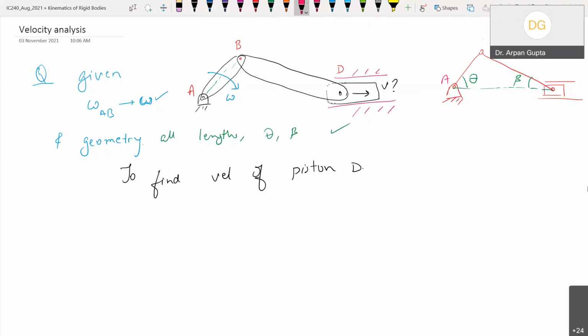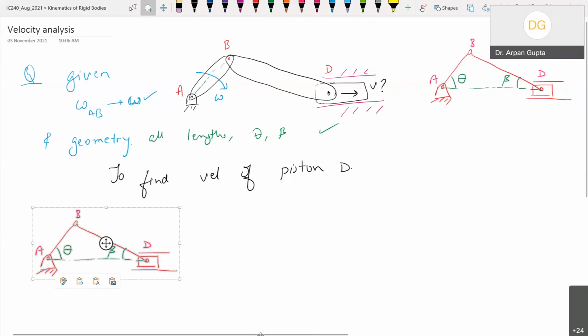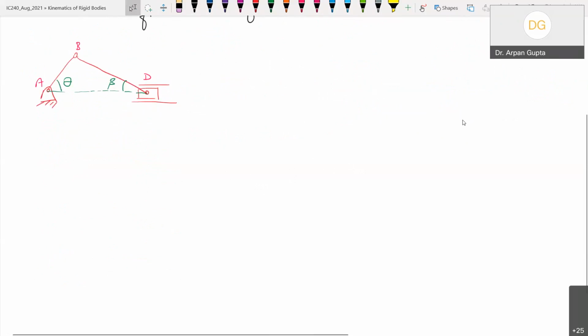Let's take this diagram A, B, and D, and let me copy it. Okay. So the first thing we know is that this omega is given to us.